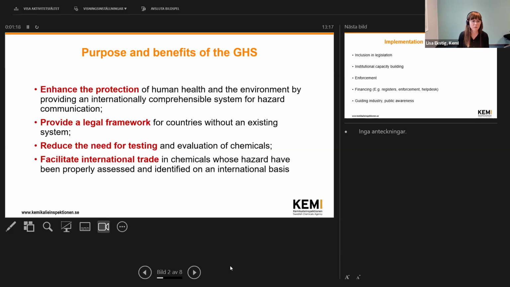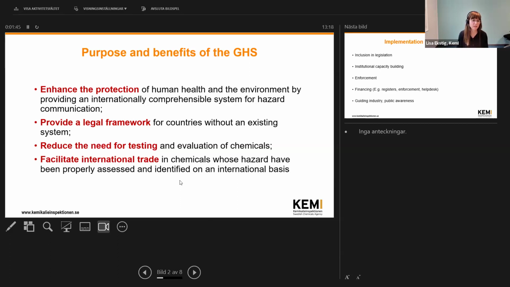It provides a legal framework for countries without an existing system, and it's a framework that you can almost apply in your legislation as it is. So it's really a complete framework for classification and labeling of chemicals.